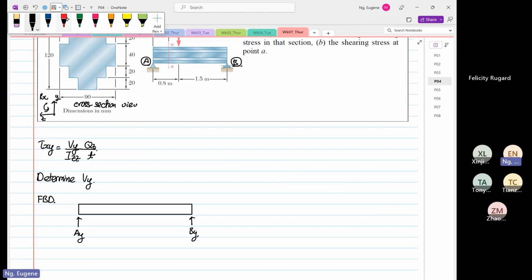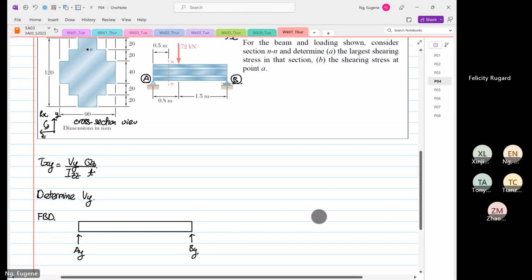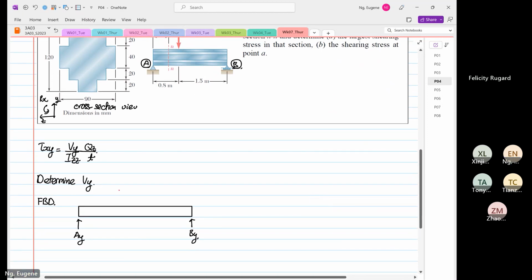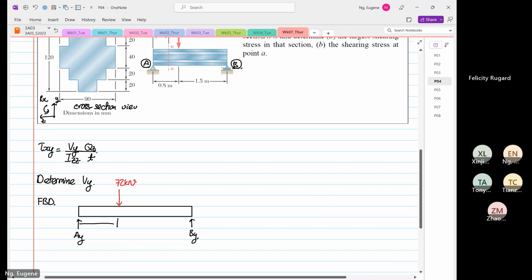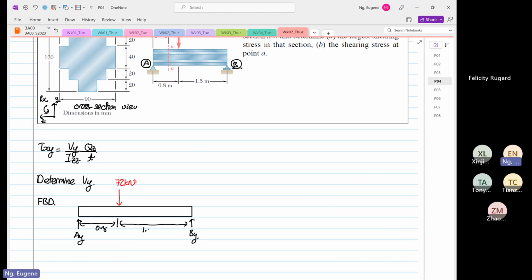And then given to us, we have a load coming down at 72 kilonewton. And we are given the specific dimensions. This is 0.8. And over here to here is 1.5.